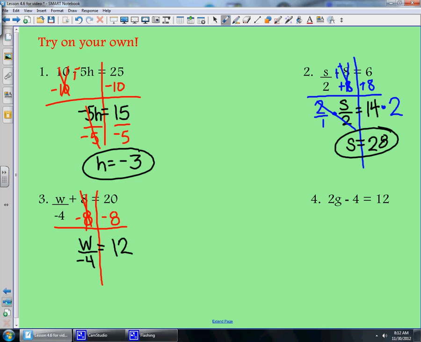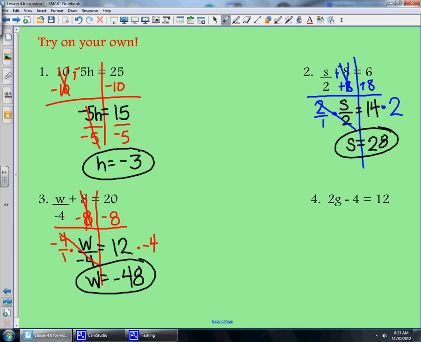We're going to multiply by the number that the variable is being divided by. So we multiply by negative 4. Those 4's cancel out. So w is equal to positive times a negative is a negative, and 12 times 4 is 48. So the answer is negative 48.